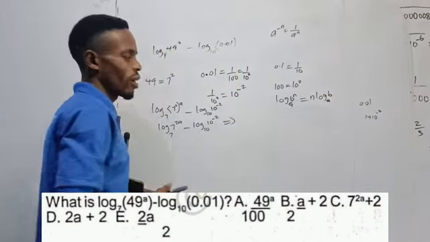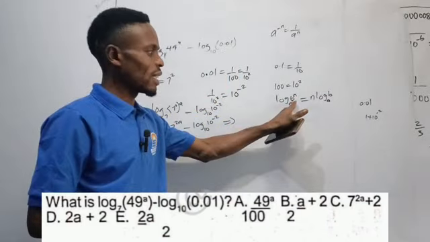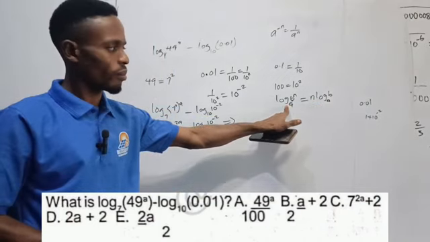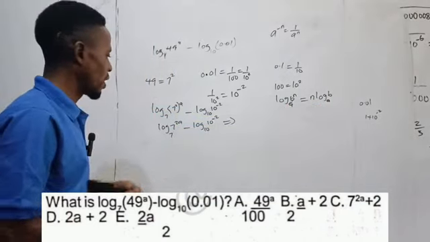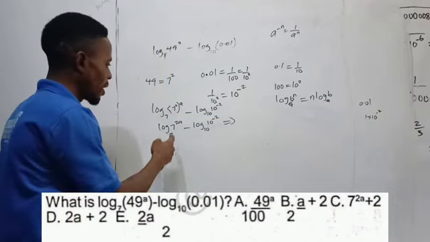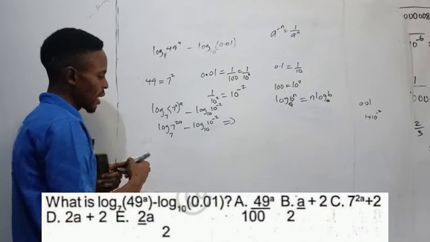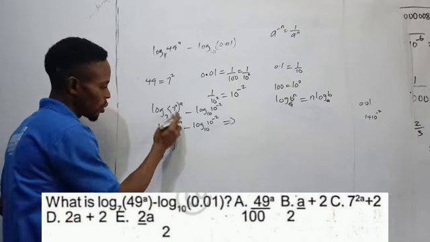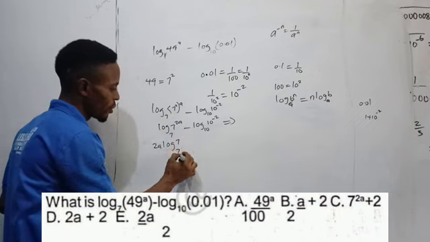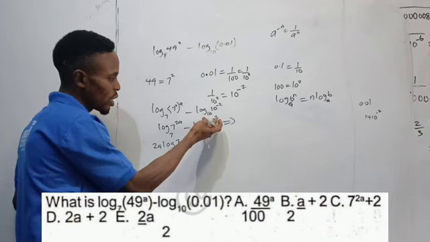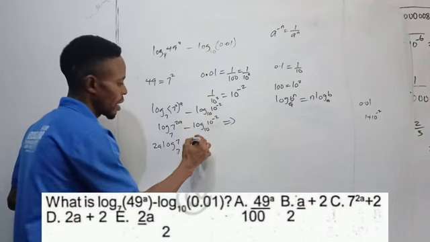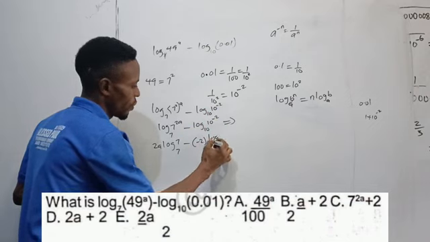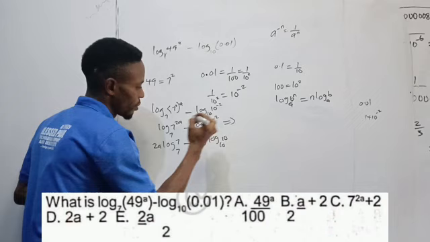So when you have an expression like this, this is the solution. Let's apply it to what we have here. The 2a will come to this side, so that is 2a log of 7 base 7, minus, and the minus 2 also comes to this side, open bracket minus 2 log base 10 of 10.